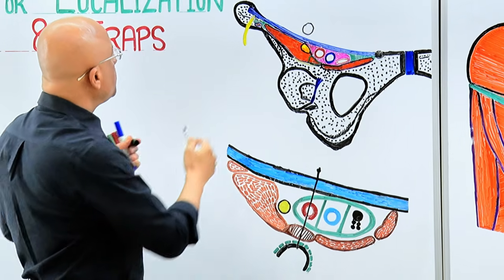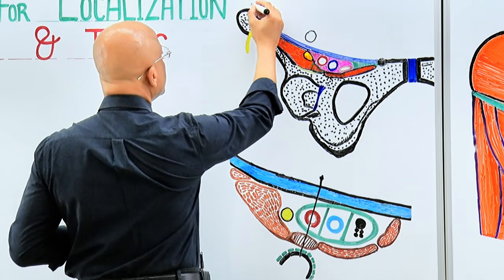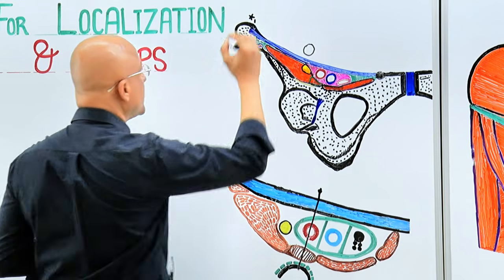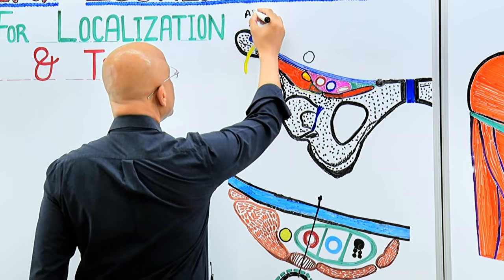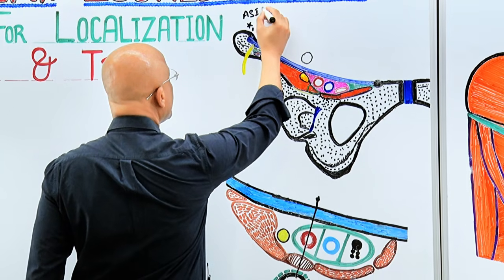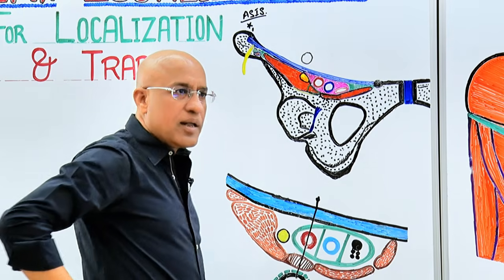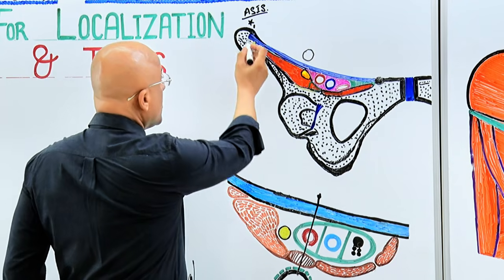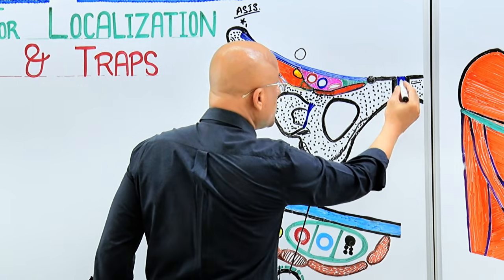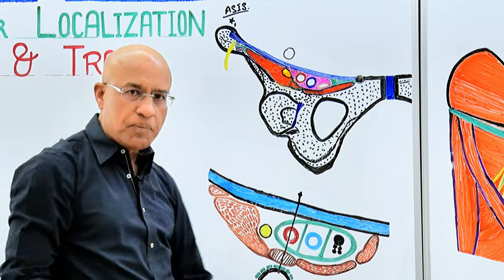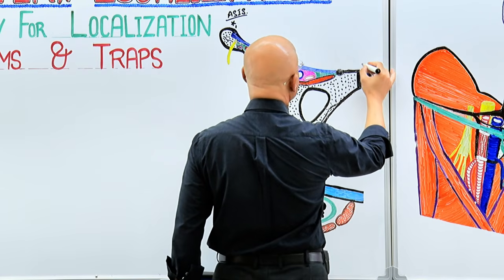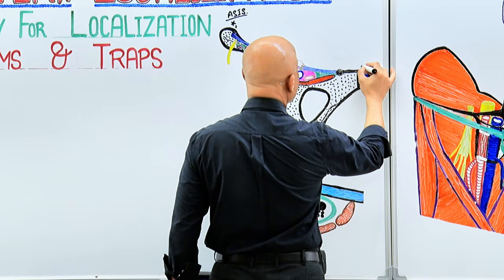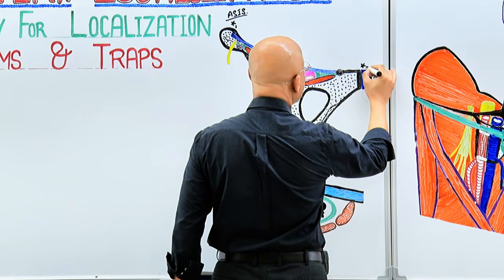Now, star number 1 is the anterior superior iliac spine, here. Second, when you come into the dead center of the pelvis anteriorly, you are at the pubic symphysis. We put it as star number 2.